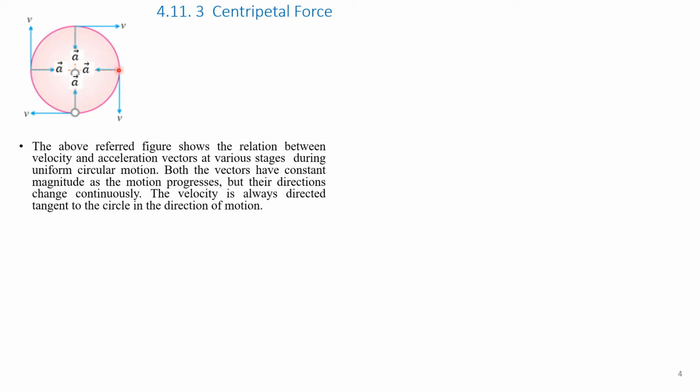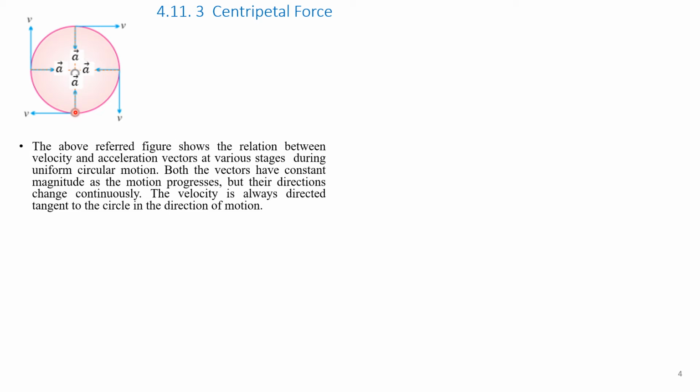You see, the direction of v is vertically downwards and acceleration is on the left side. Similarly, at this point, the direction of v is on the right hand side and acceleration is downwards. And at this point, velocity is vertically up and acceleration is on the right hand side.